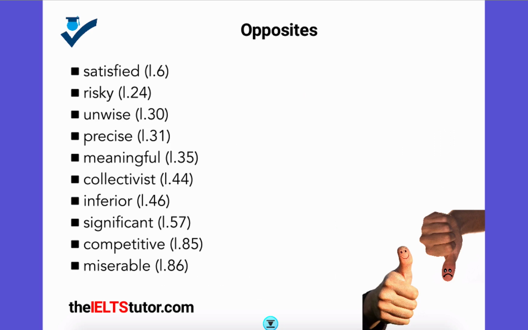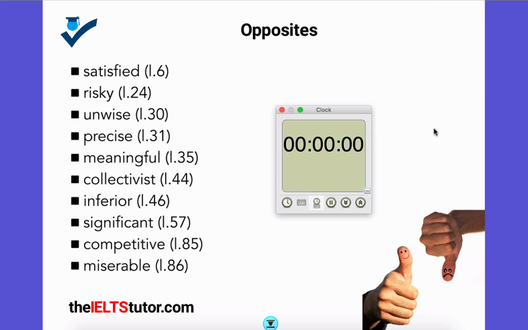So we'll look at these words in the context of the passage later on. So I'm going to give you some time to find the opposites of these adjectives. Okay, so as usual, I'm going to give you some time to think about this, but I'm going to give you a bit longer because I think this list is quite long.